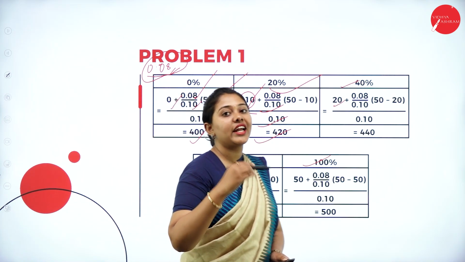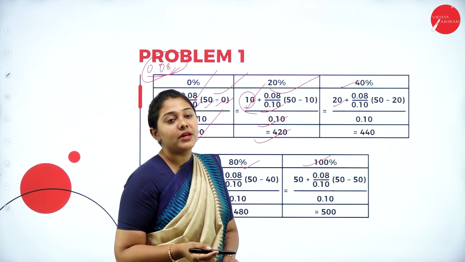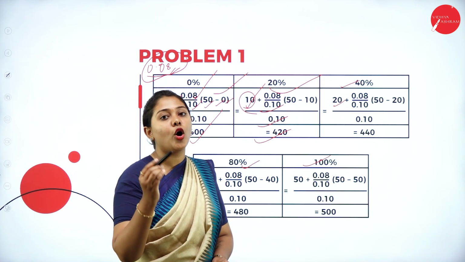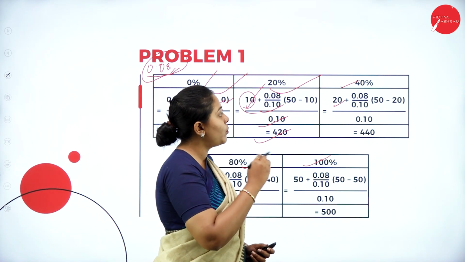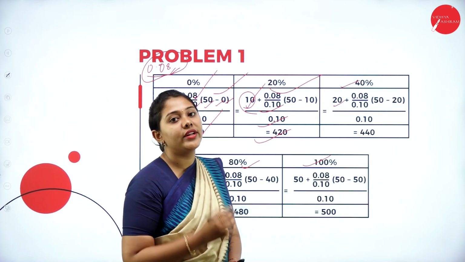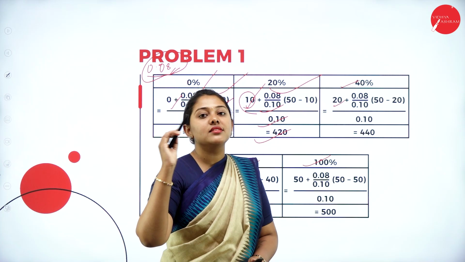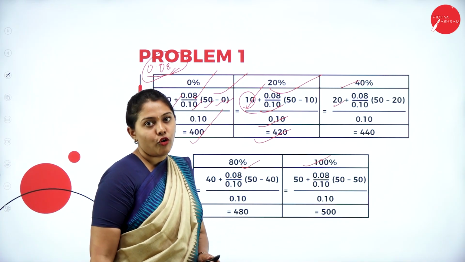Moving forward, we are calculating for the rate of return of 8%, but the dividend percentage is 40%. So dividend per share will be 20 rupees. Rate of return will be 0.08 divided by equity capitalization rate, whole divided by equity capitalization rate, earnings minus dividend. If you substitute the value, you get 440.